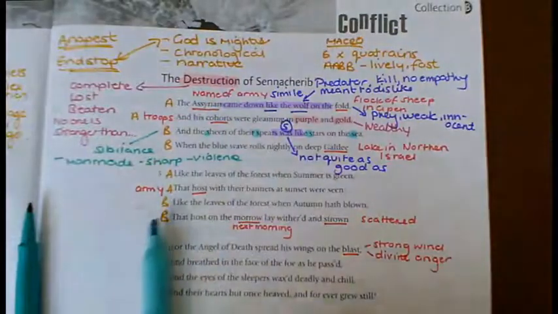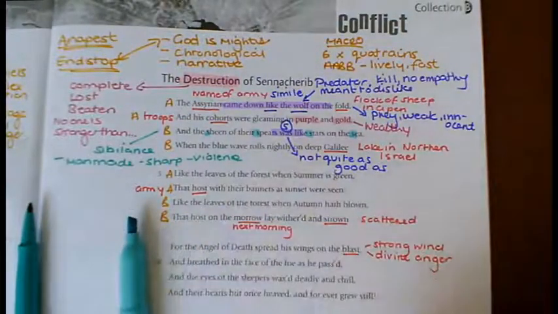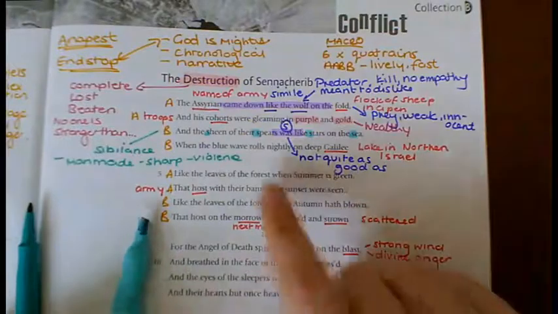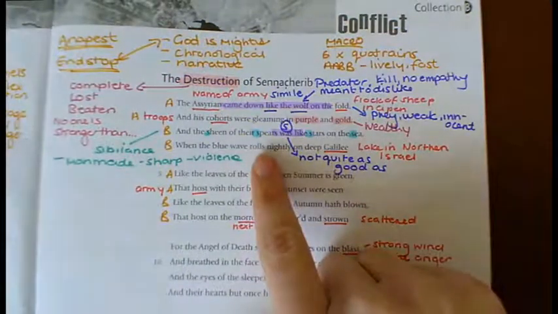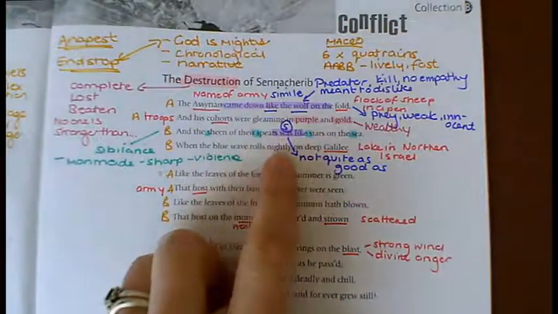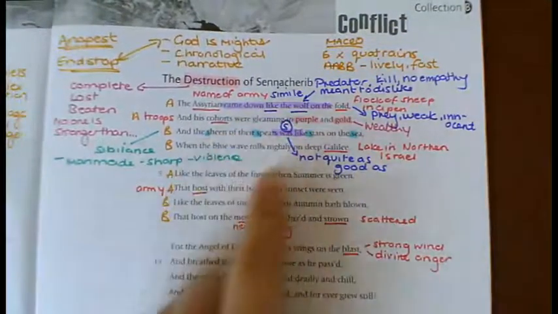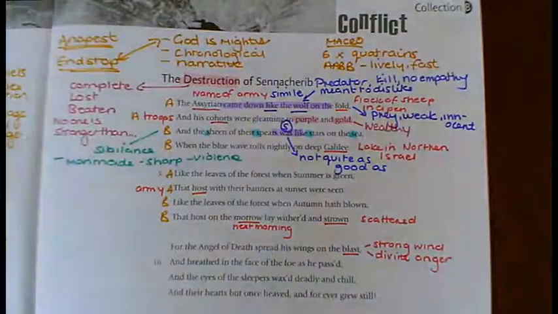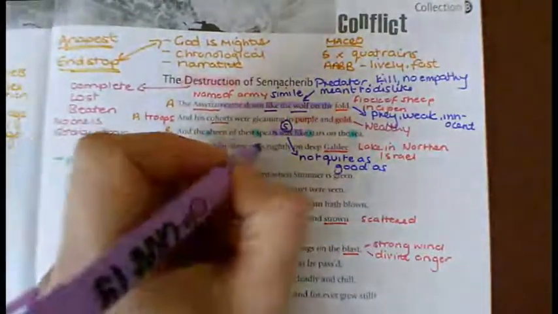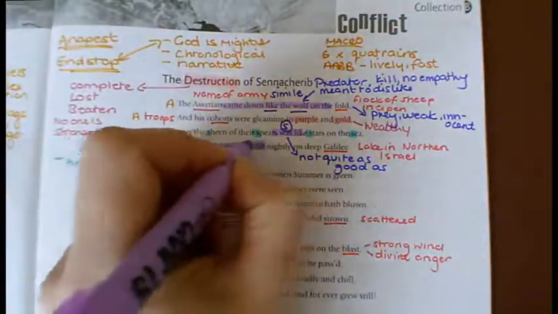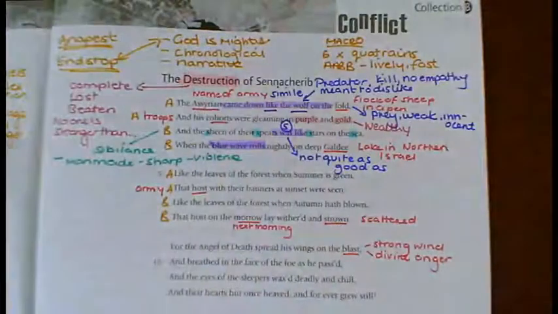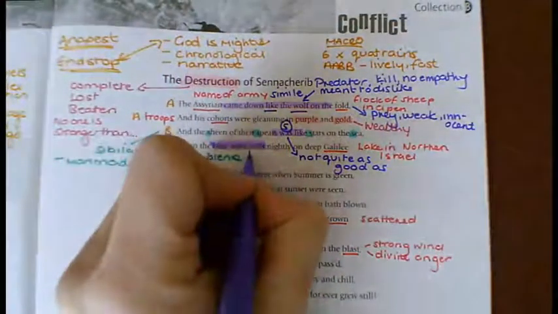And we get the extension of that nature imagery when you read the last line of that quatrain. When the blue wave rolls nightly on deep Galilee. So we've got this imagery here about the sea. The blue wave rolls. So again, we've got more nature.